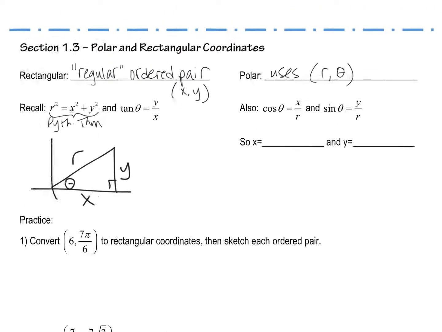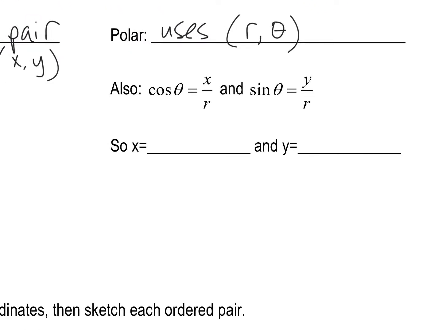Another thing I want to draw your attention to is we're going to use these formulas a lot. This is going to be very helpful in our translation. I can cross multiply this and get x times 1 equals r cosine theta. Same thing over here, I put sine theta over 1 and get y equals r sine theta.